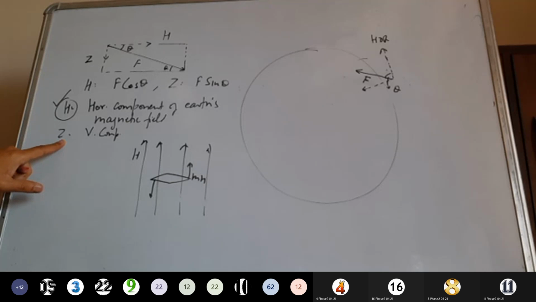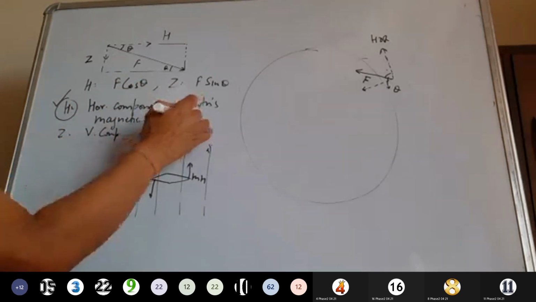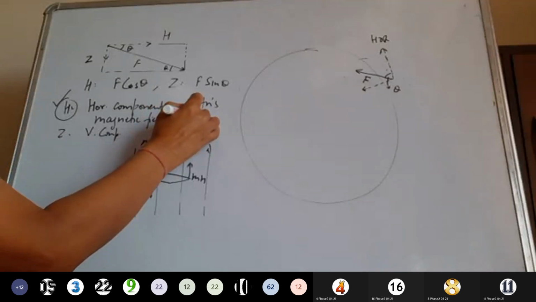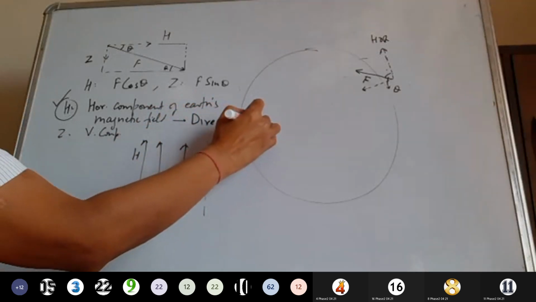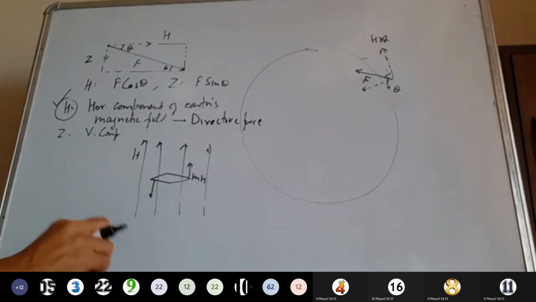It is only creating problems, trying to pull the magnetic compass down, so that is not helping in any way. That is why this force H is also known as the directive force, because this is the force which gives the directional property to the compass.